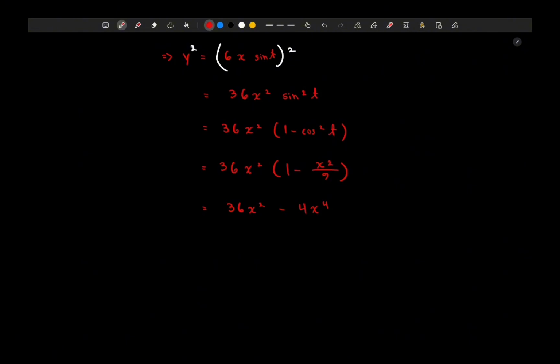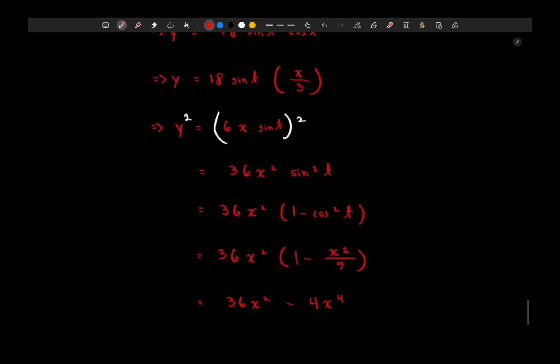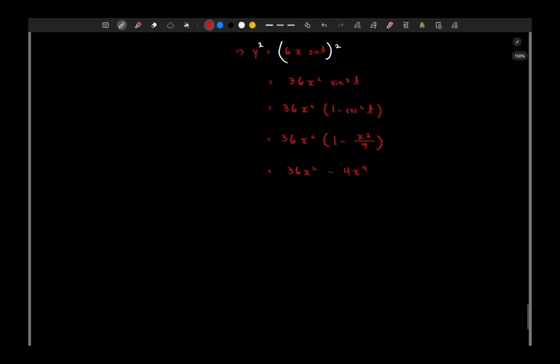Moving on to the next part, show that the shaded area enclosed by the curve and the positive x-axis is given by this, stating the value of the constant a. So first of all, we know the lower limit, but we do not know the upper limit. But we know that at this point, the value of y is 0. So we can say that y is equal to 0. That is 36 x squared minus 4 x to the power 4 equals 0.